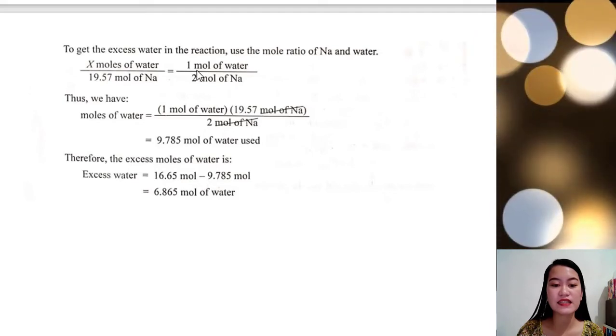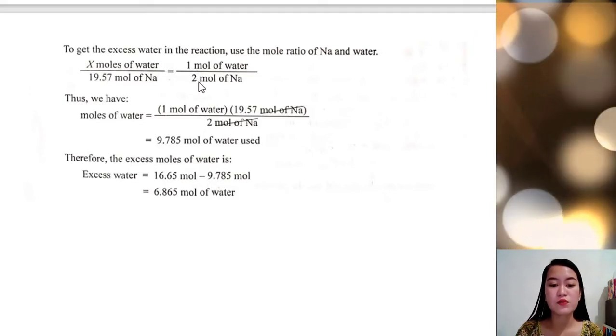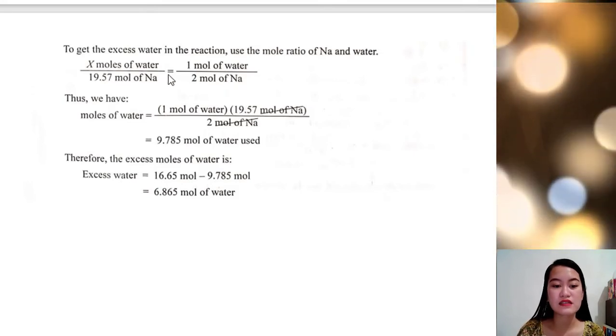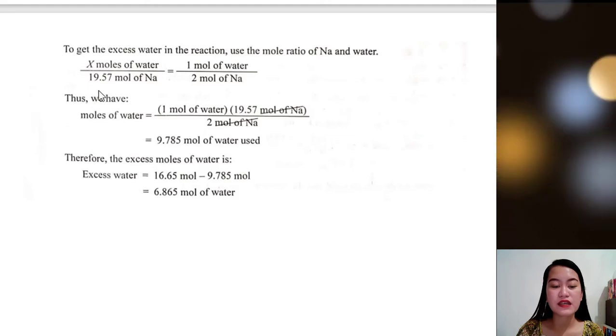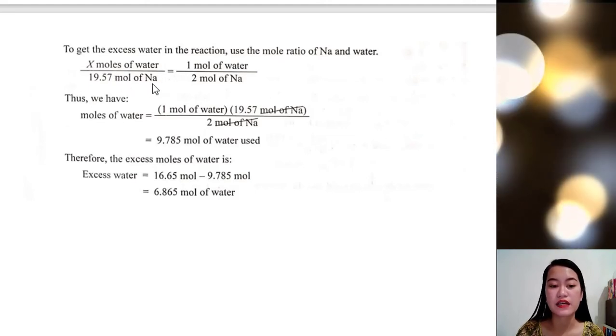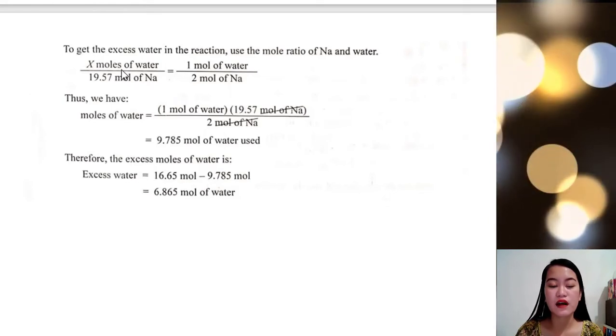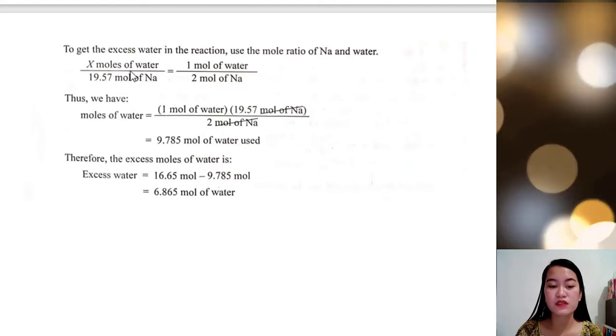So nakita natin kanina, we have 1 mole of water, and then we have 2 mole of Na. This is the total mole of the Na, 19.57 mole of Na. So we need to cross multiply.